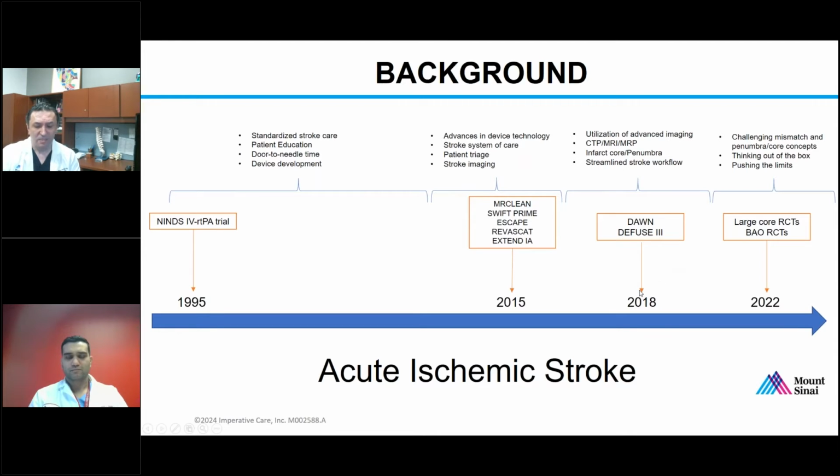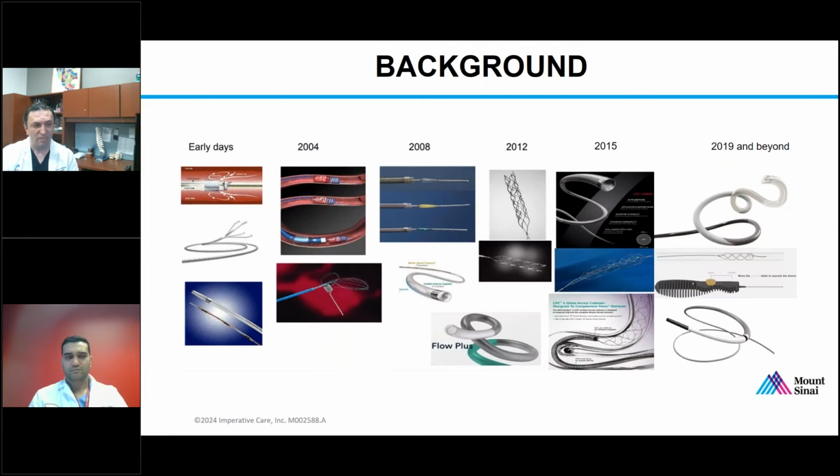But this was a combination of really understanding neuroimaging, patient selection and triage of stroke, and also the significant technological advances that we have had for stroke in the past few decades, starting with the early days.